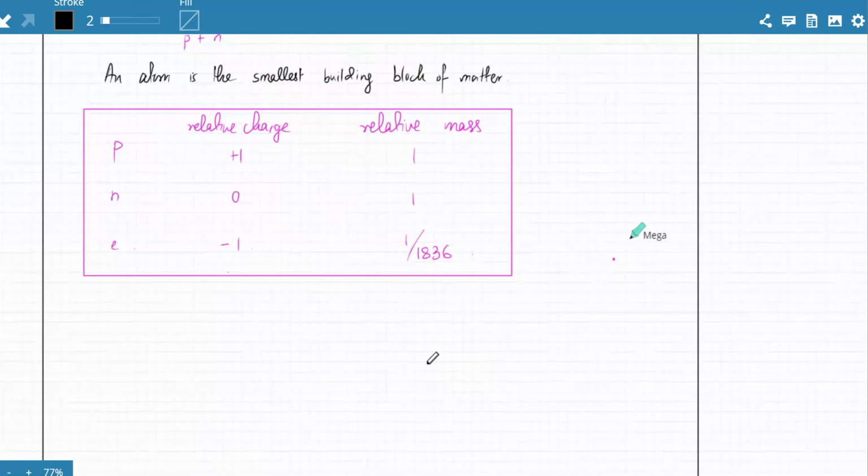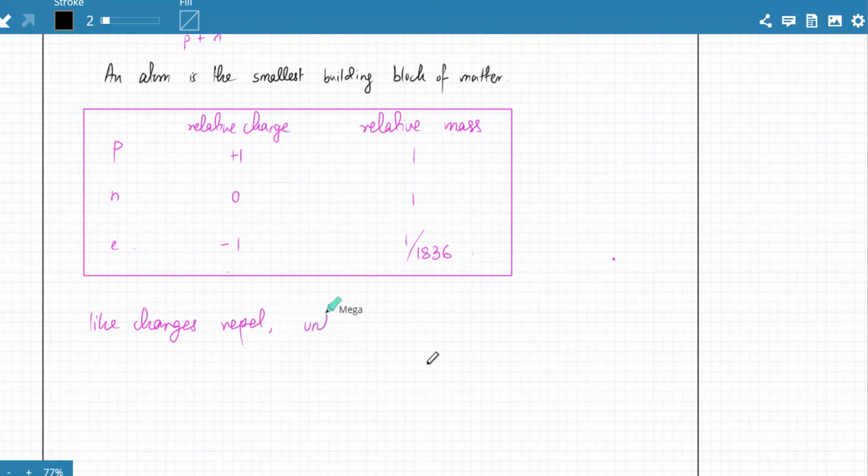The second thing is, hopefully everyone knows that like charges repel, and unlike charges attract.